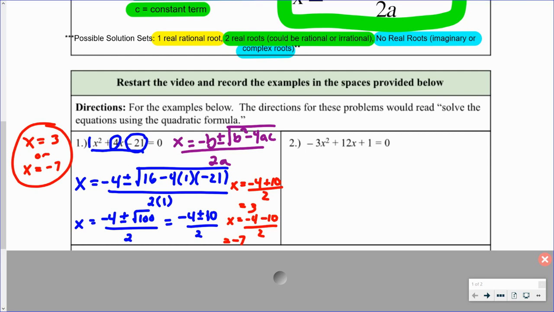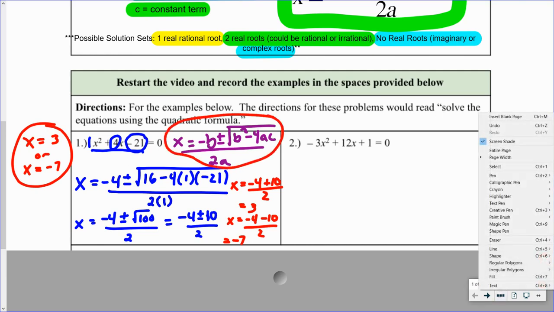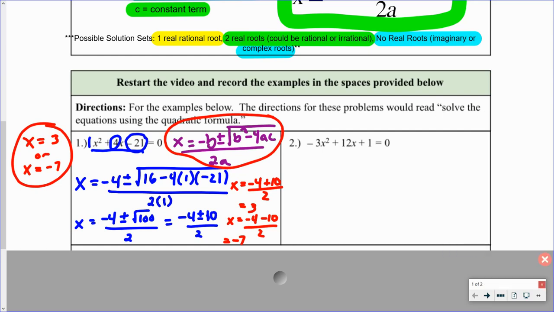So let's go ahead and take a look at problem number 2. Now, I'm not going to rewrite the quadratic formula again because we have it right here. So we're just going to reference the quadratic formula right there to do this problem. So let's do it. All right, so same thing. X is going to equal negative b.